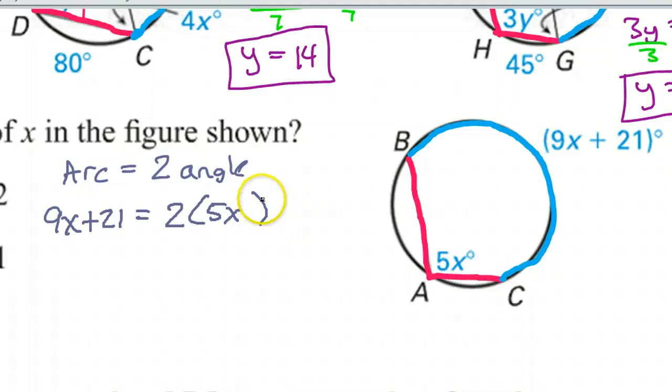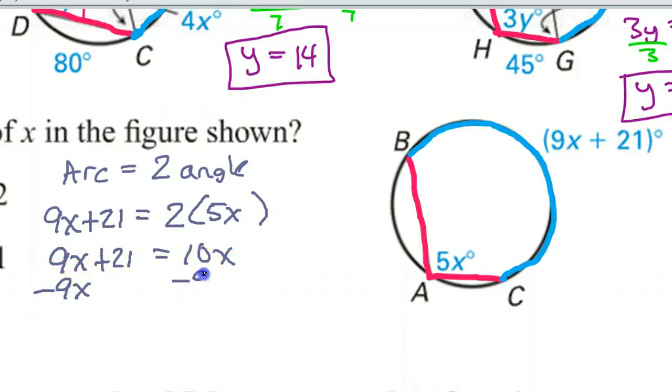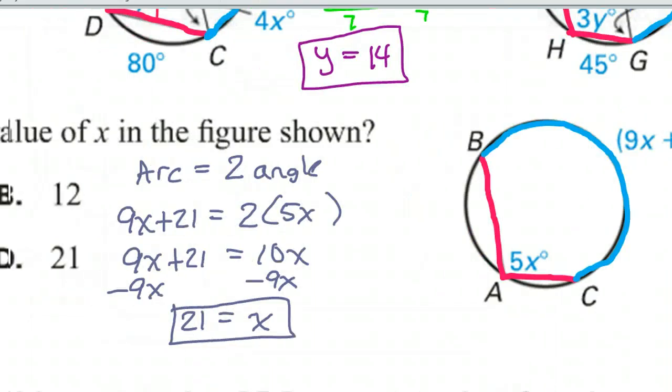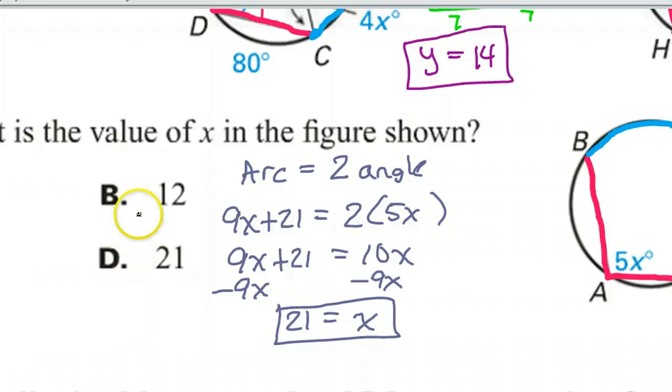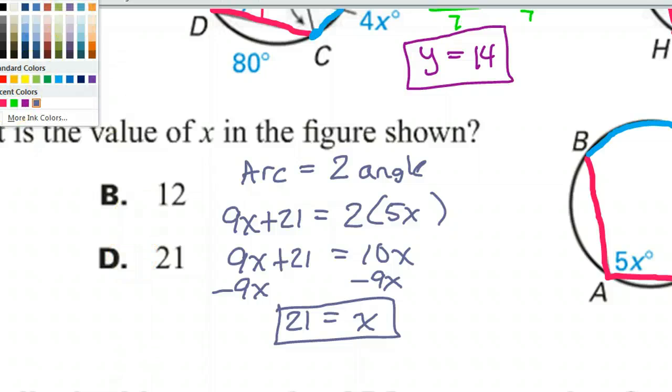So it's just a matter of solving this little equation. So 9x plus 21 is equal to 10x. Alright, I would subtract 9x from both sides if I were you. That's going to leave me with 21 is equal to x. And that is actually what we're trying to find. So that's why D is the answer.